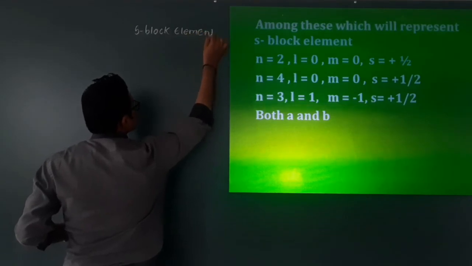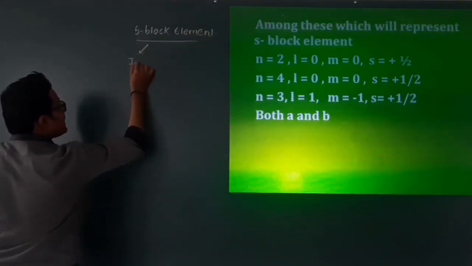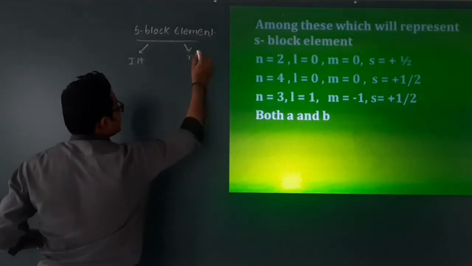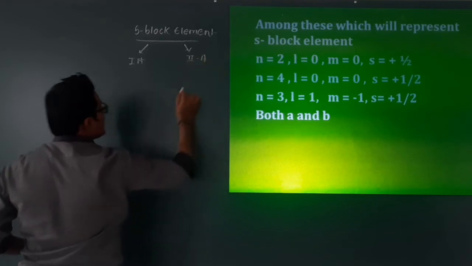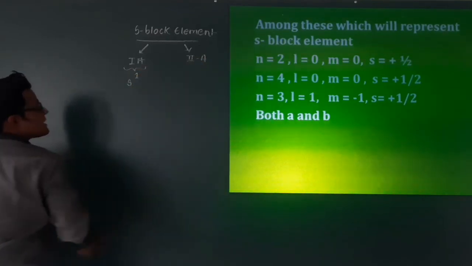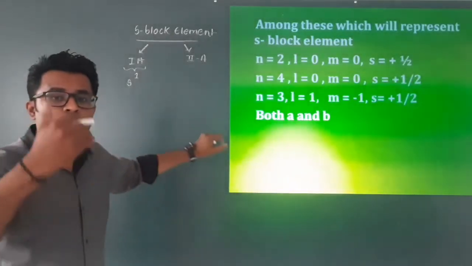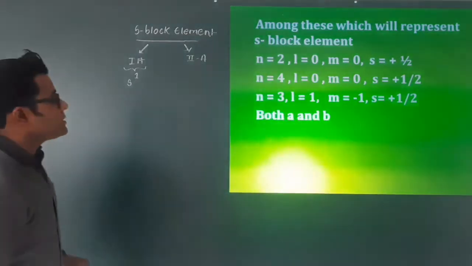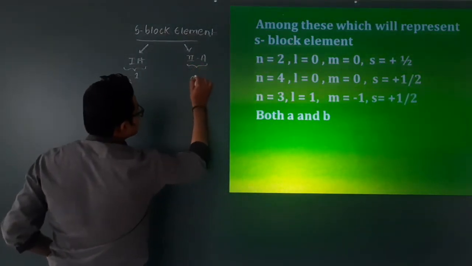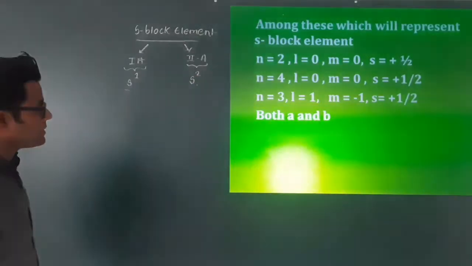There are two types of s block elements, which you already know: 1A and 2A. In 1A, the electron configuration is s1, that is, only one electron is in the outermost shell. In 2A, the outermost shell is completely filled with 2 electrons.